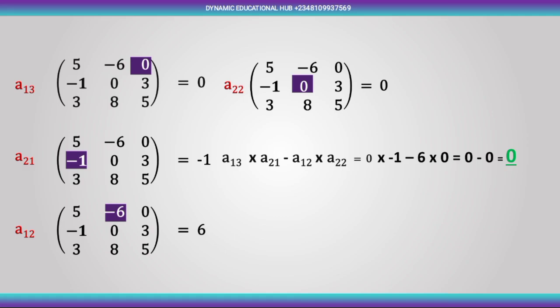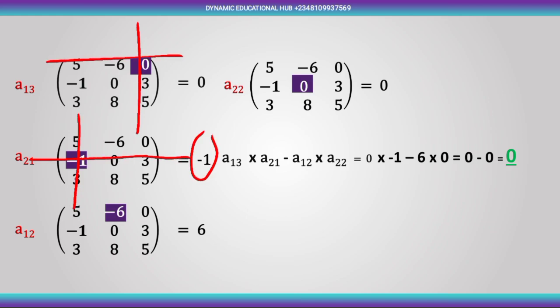For the last question, we want to find the value of A13 multiplied by A21 minus A12 multiplied by A22. So we want to solve this. The first thing is, let's find all the elements. A13 means the first row and third column, which is 0. A21 means the second row and the first column, which corresponds to -1.